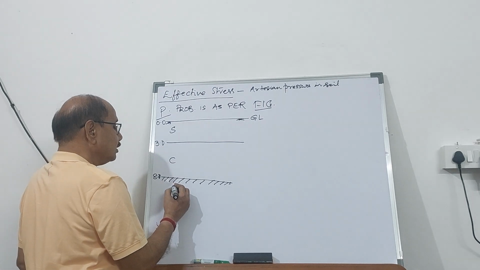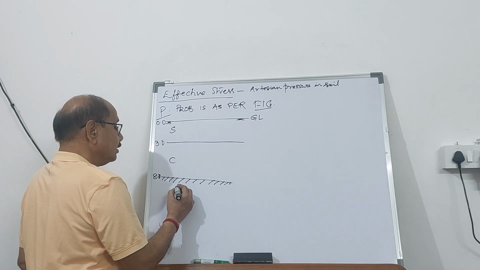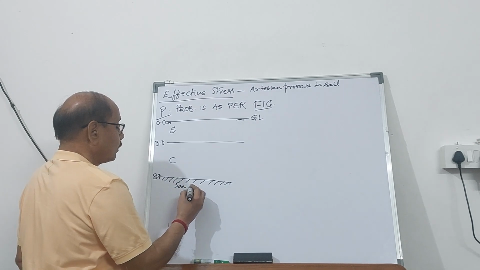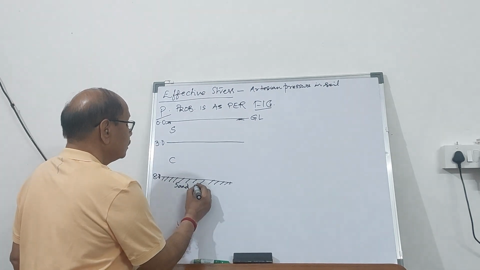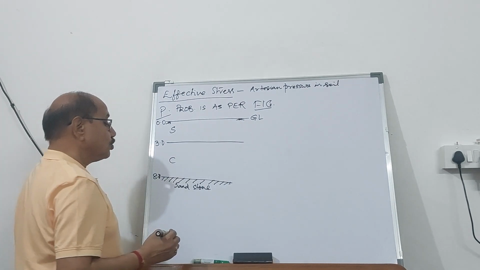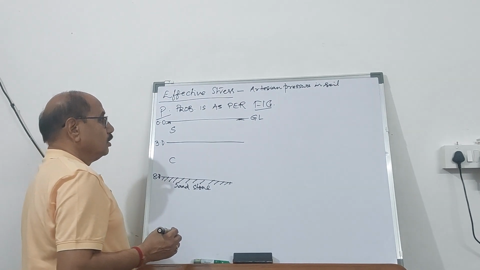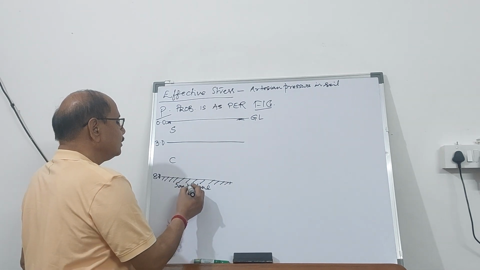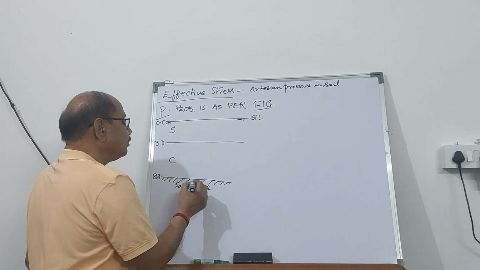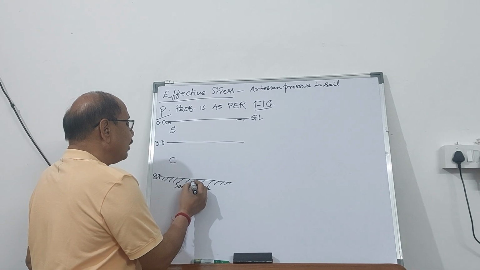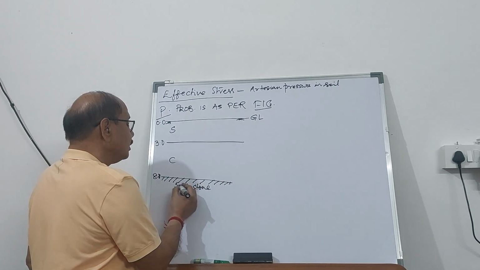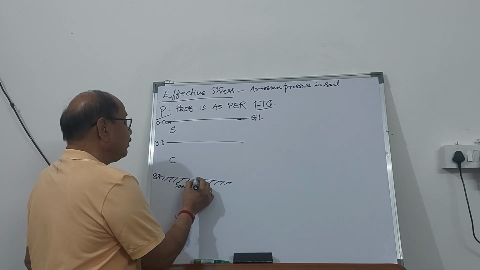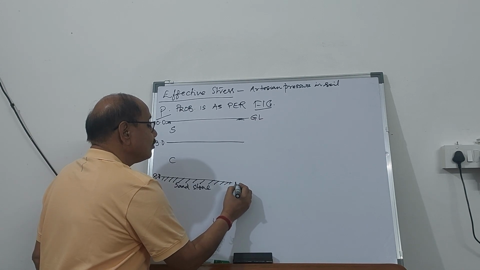followed by impermeable rocky ground. It is sandstone. It has been found that below 8 meters, there is Artesian pressure.